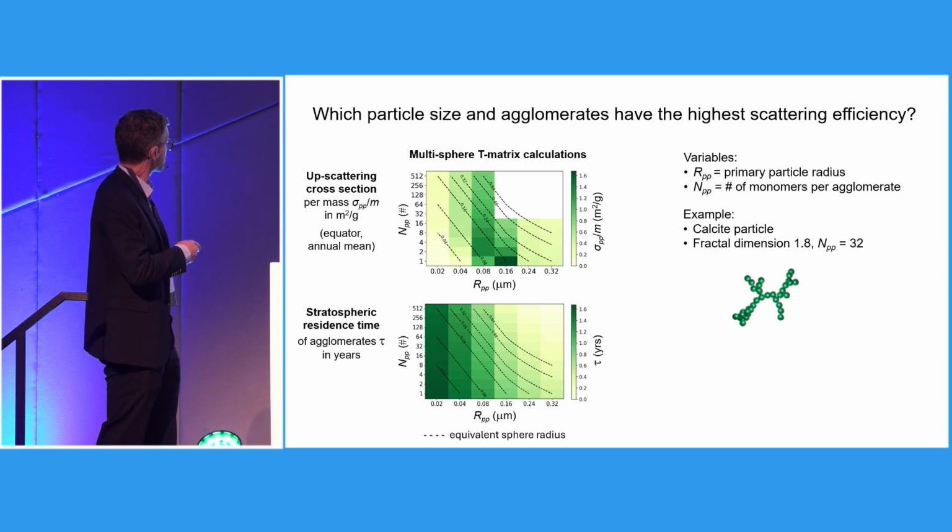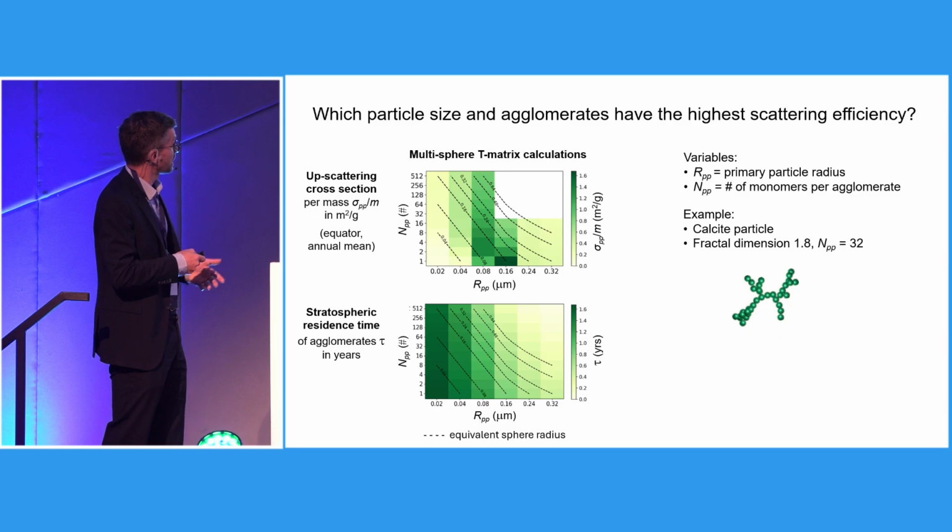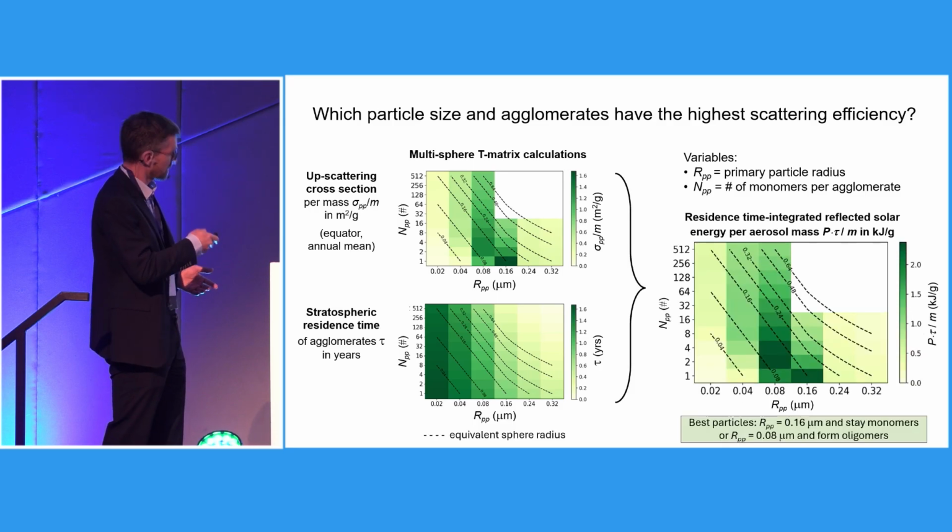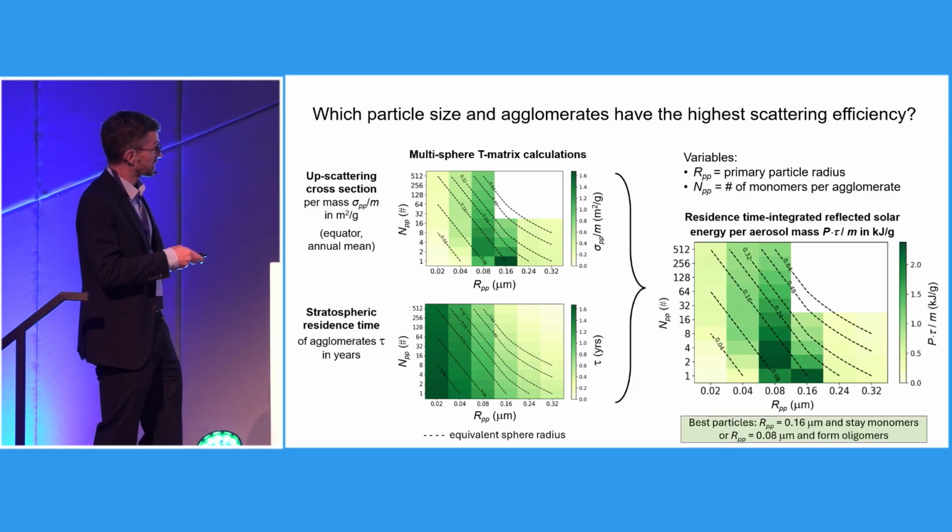If you look also at the stratospheric residence time of these particles, it obviously decreases with increasing radius and with increasing agglomerate size. And so this needs also to be counted in. And if you now combine these two effects, this is the resulting picture.